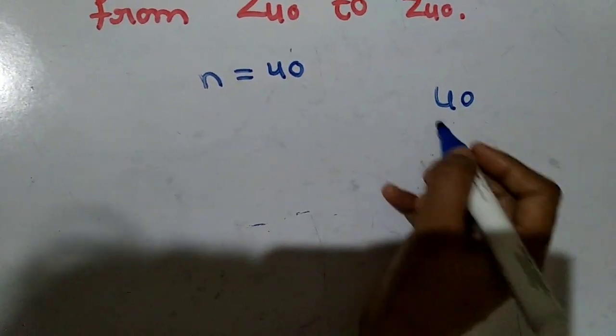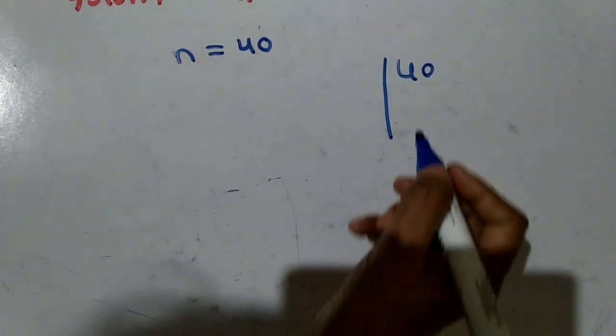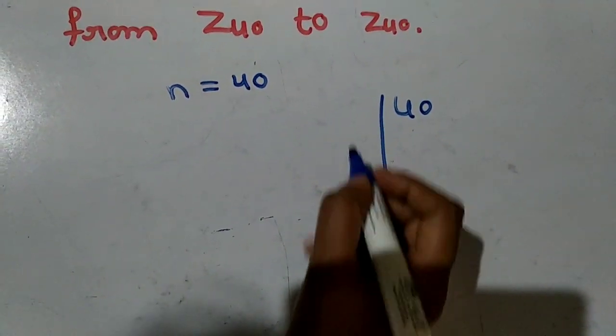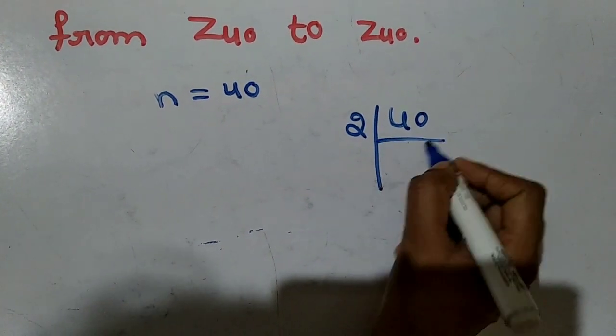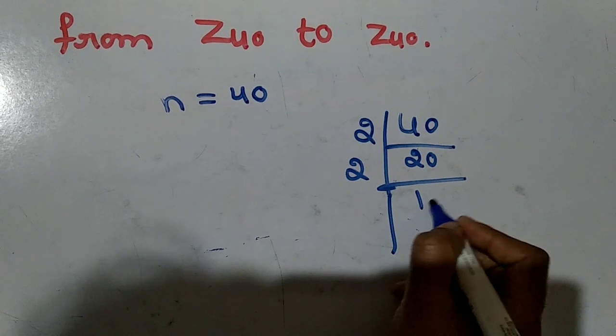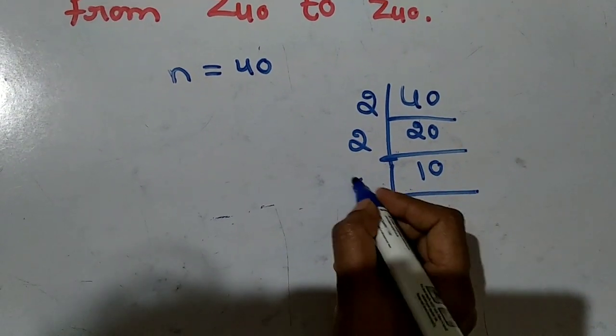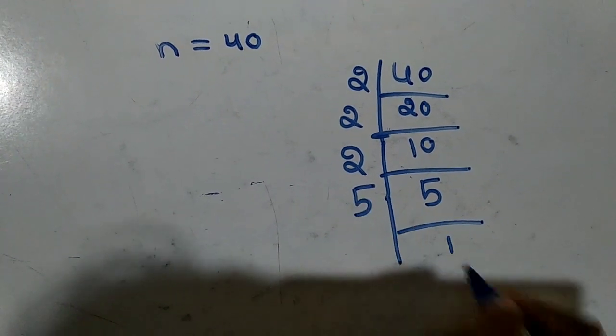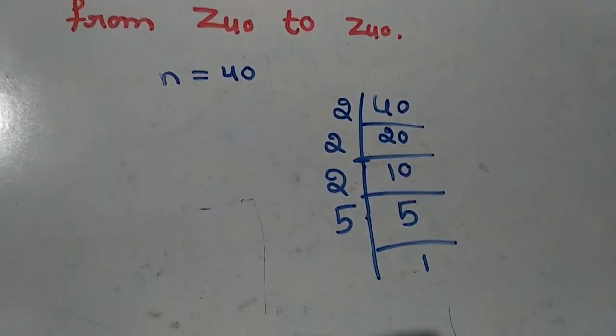If you don't know, just do it by the division method, taking only prime numbers. So 2 times 20 gives me 40, and 2 times 10 gives me 20, and 2 times 5 gives me 10, and 5 times 1 gives me 5.